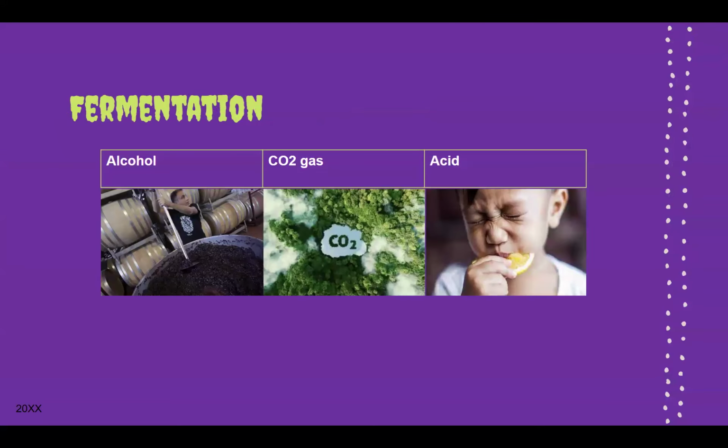Products of fermentation. This class has actually done very well with this one. I've had a lot of classes before that still miss this one on both the exam and the case studies. I think y'all have done really good with it, but just to refresh, fermentation will lead to three different things. It'll lead to alcohol, the beers, the wines, etc., mostly wines. It'll lead to CO2 gas, and it'll lead to acid.